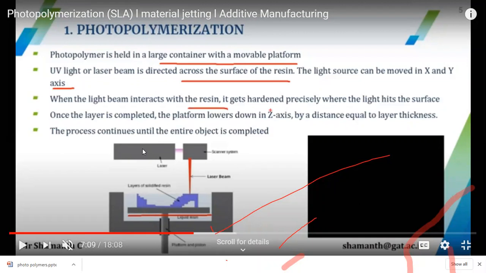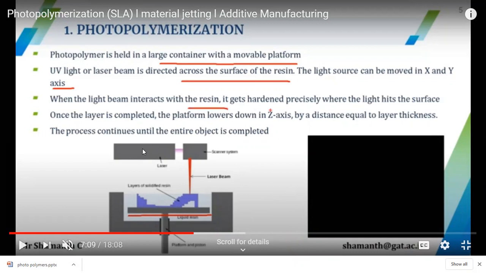Once the layer is completed, the platform is lowered along the z-axis by a distance equal to the layer thickness. The process continues until the entire object is completed in this photopolymerization technique. The laser light passes through the scanner system, and the laser beam interacts with the liquid resin.